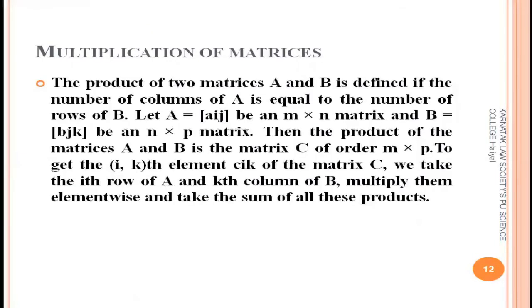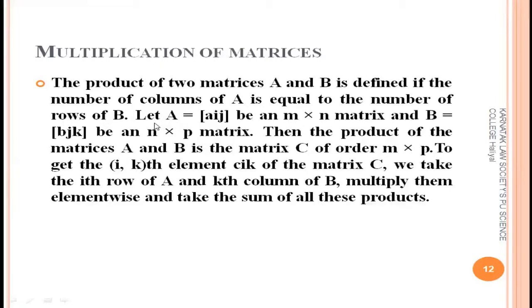Next one, it's very important, multiplication of matrices. If we multiply two matrices, first of all, the number of columns in A is equal to the number of rows in B. That is, A and B, if we consider two matrices, the number of columns in A should be equal to the number of rows in B. This is the first condition.